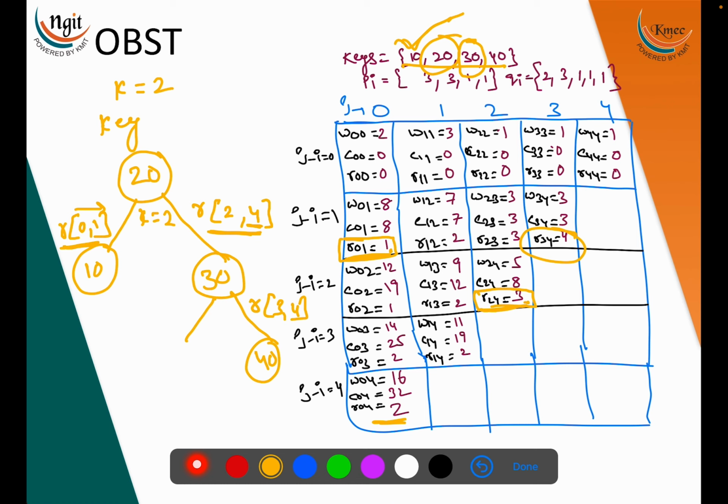So among 14 binary search trees of 4 keys, this is the optimal binary search tree, the tree whose cost among the 14 is minimum. What is this minimum? The cost of the tree is 32.